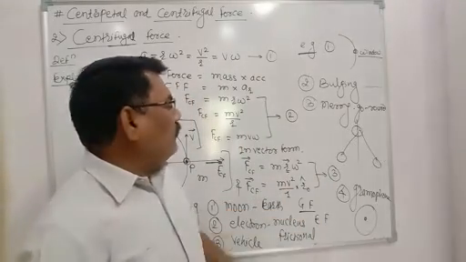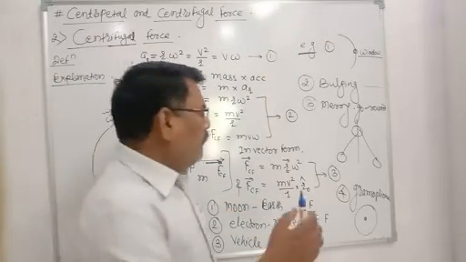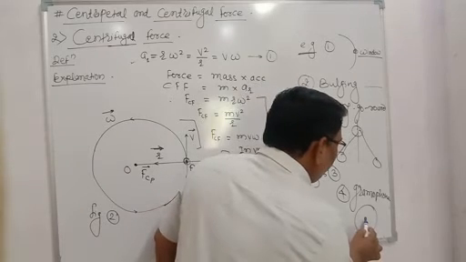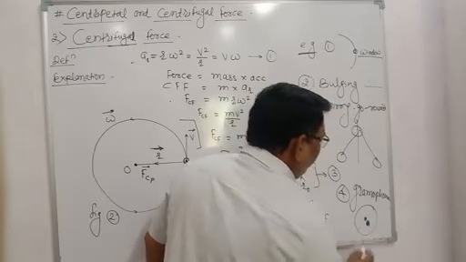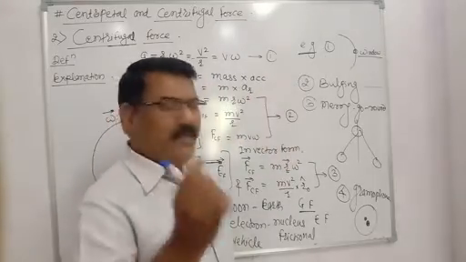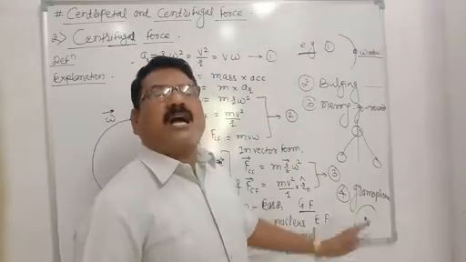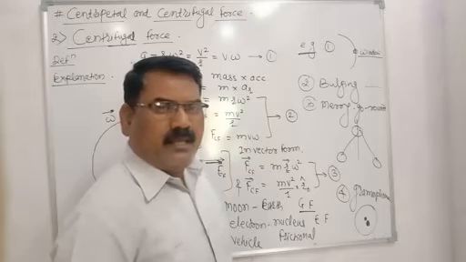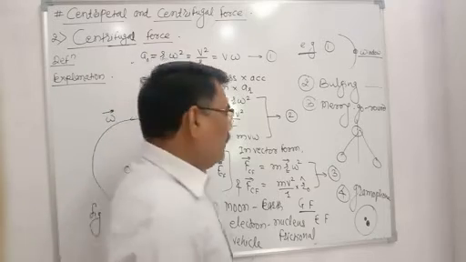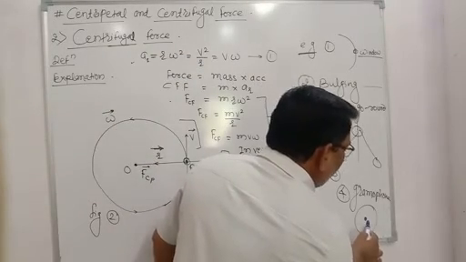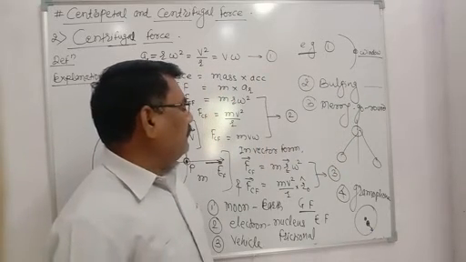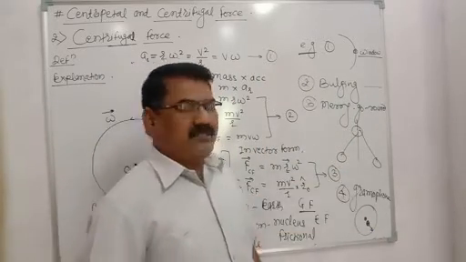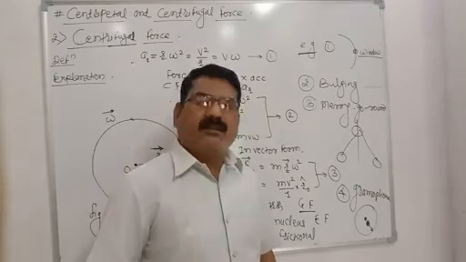In a gramophone disc, when a coin is kept just away from the center, you find that the coin is pushed towards the edge of the gramophone disc, and this happens due to the centrifugal force.